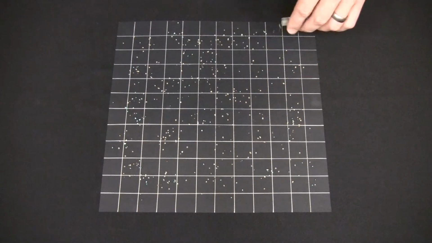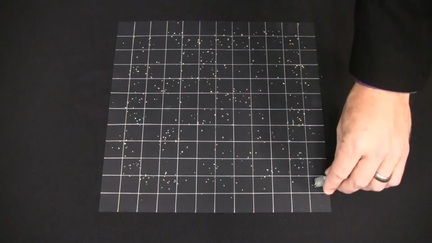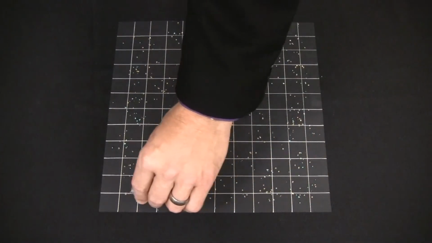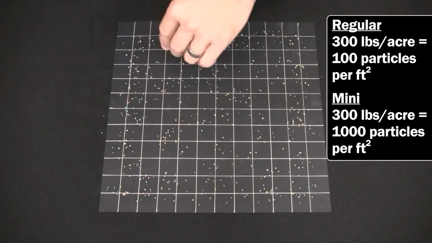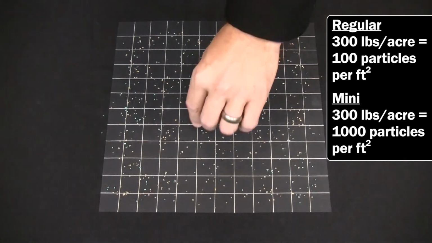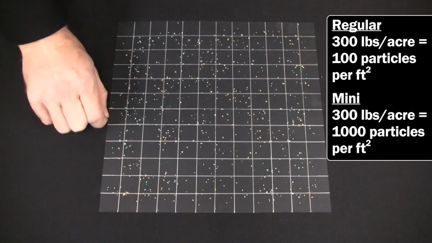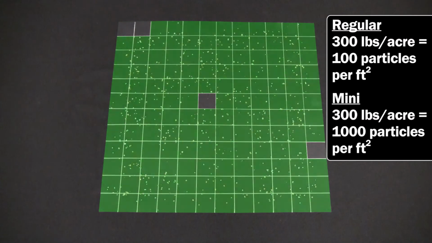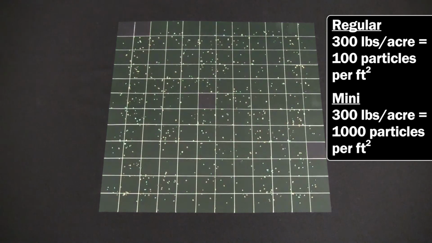In this case, when we reduce the size, the particles per square foot increases to around 1,000. So simply by decreasing the particle size, we've increased our particles per square foot by almost 10x. And in so doing, we've increased the likelihood of maintaining weed control.